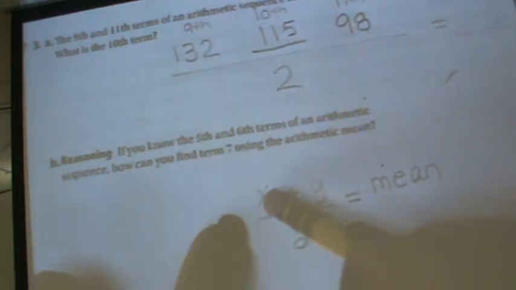Where do you get x though? If you know the fifth and the sixth term, this would be the fifth. Go ahead, show them. Alright, if you plug in our values, we knew the 9th term, but we didn't know the 10th term.